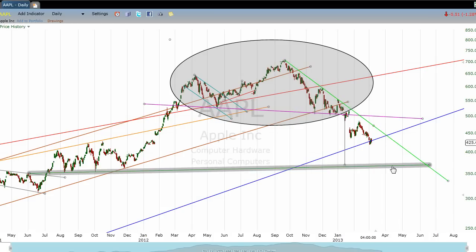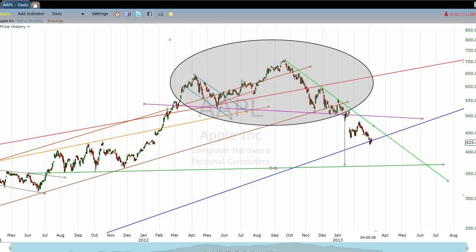So the target we have for a minimum downside target in Apple is 369. Call it 370. And when that target hits, if you're the more patient type, wait for it to hit, then wait for a confirmation of a trend reversal by the breaking of this line right here.